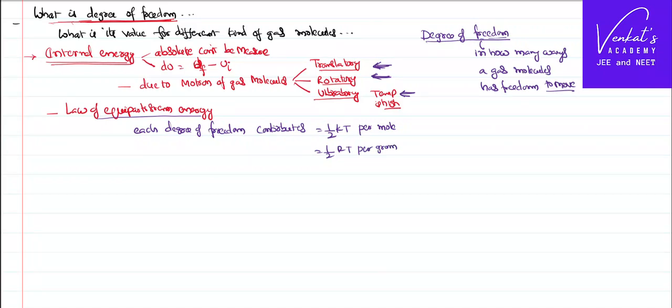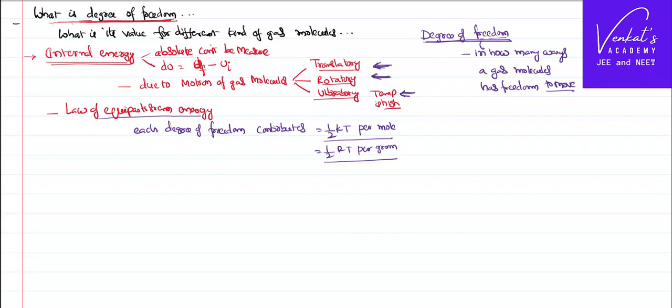So depending on how many degrees of freedom the gas molecule has, each degree of freedom contributes an internal energy of half kT or half RT, depending on whether you are studying it in terms of molecules or in terms of moles, right?